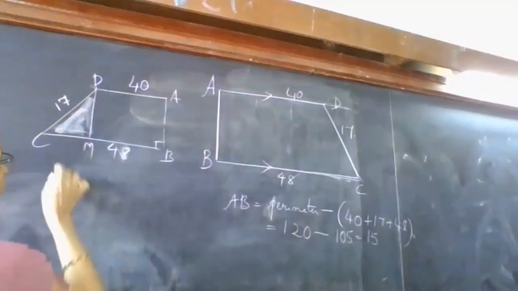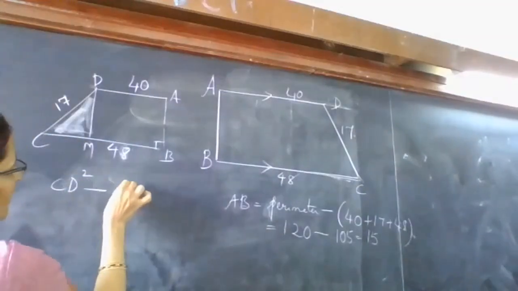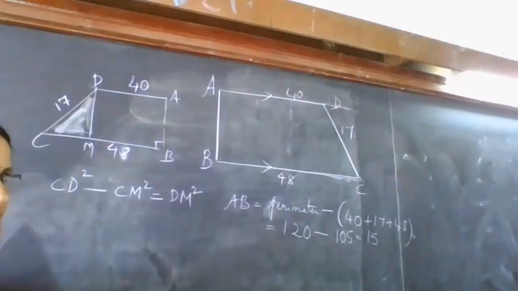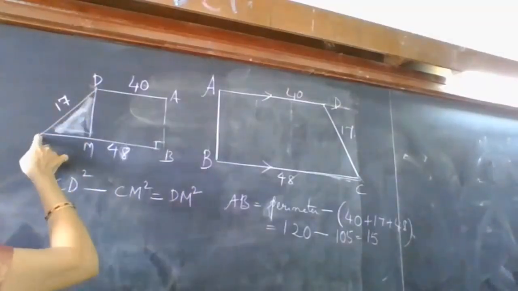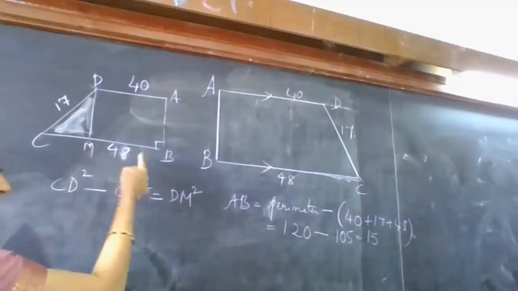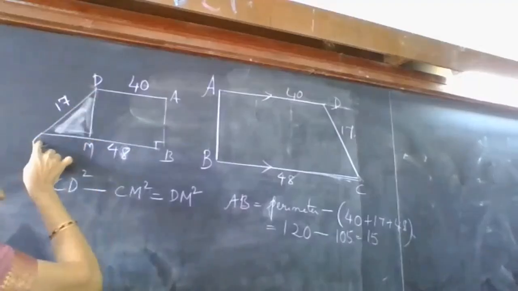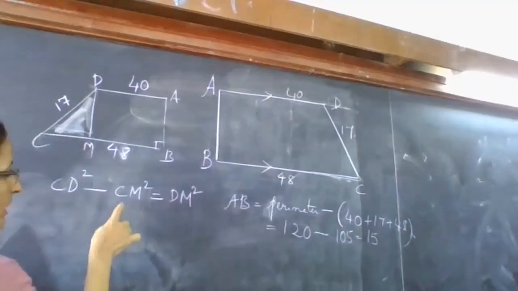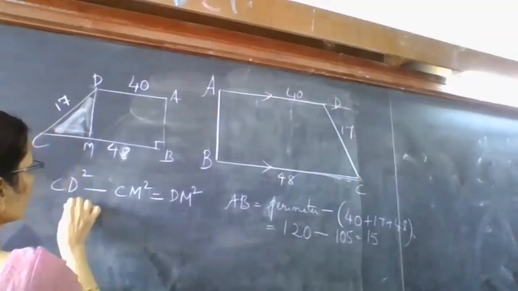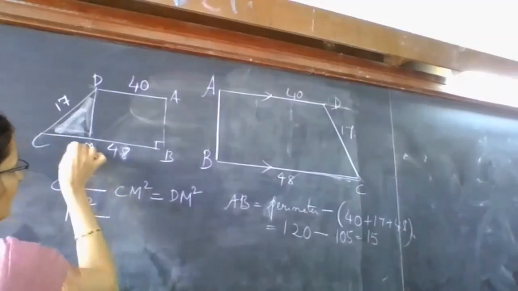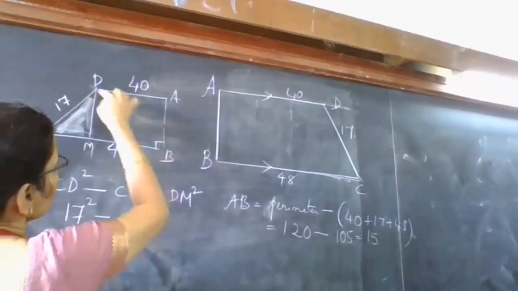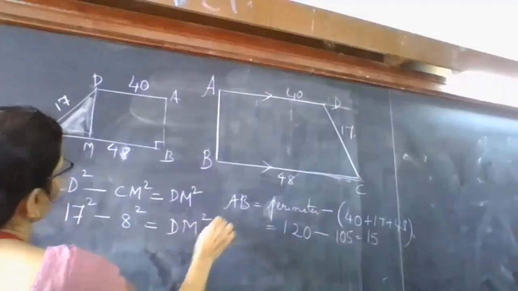So CD square minus CM square is DM square. CD square, the hypotenuse square, is the sum of the squares of these two sides. So I can subtract hypotenuse square minus base square to get altitude square. So this is 17 square minus this is 8 square.